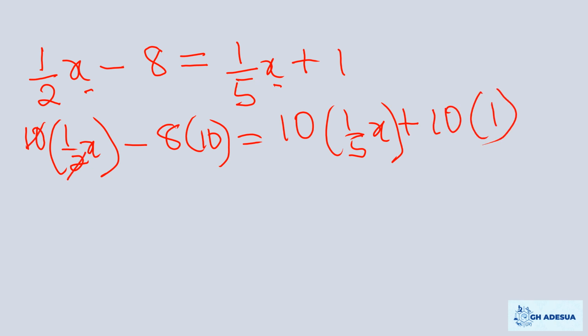So 2 go into 10, 5. So 5 times 1 is 5, so 5x minus 8 times 10 is 80.